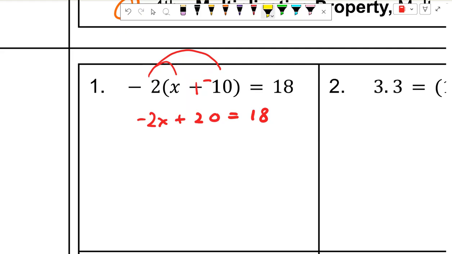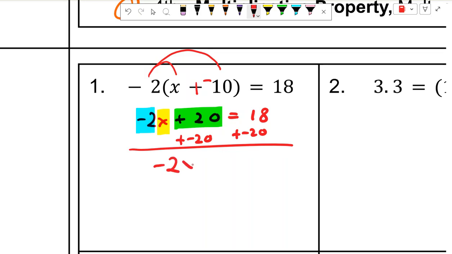And now you can see we have our variable, and that variable has a coefficient, and it has a constant next to it. We know that the most direct route is getting rid of the 20 first by adding a negative 20 to both sides.